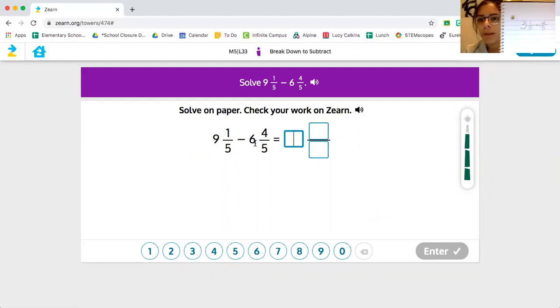And I realize that might be kind of hard to see. Once again, I'm thinking, well, I cannot do 1/5 take away 4/5. But what I can do is break that 4/5 into 1/5 and 3/5. That makes my new problem 3 1/5 minus 1/5 minus 3/5.